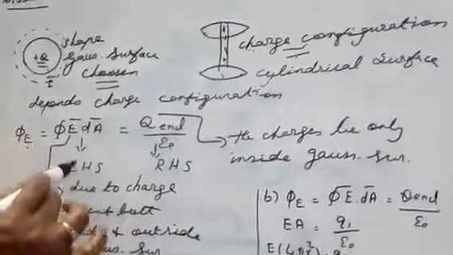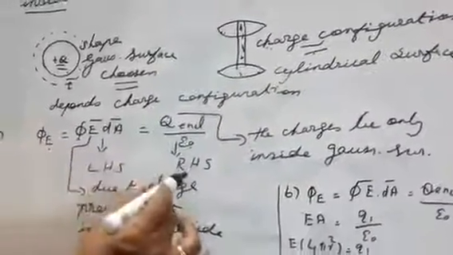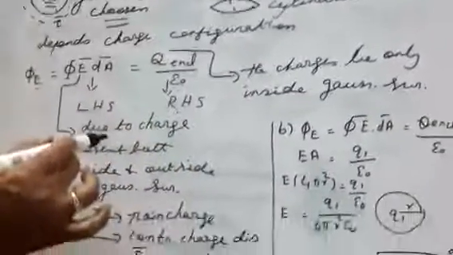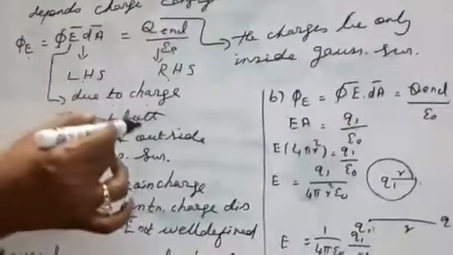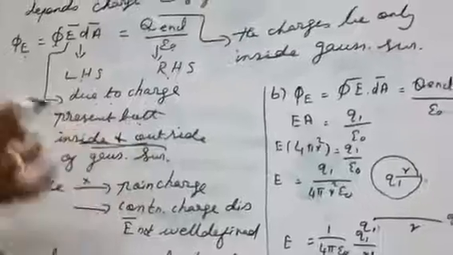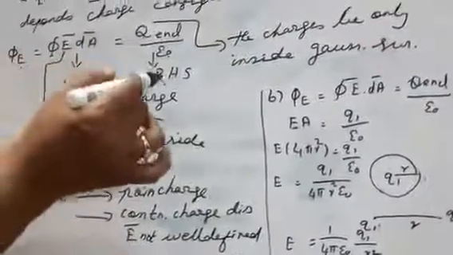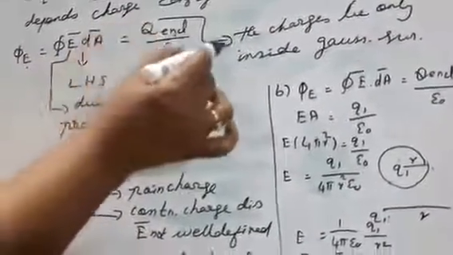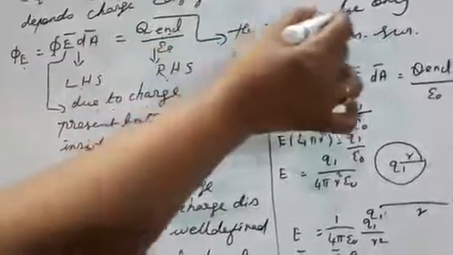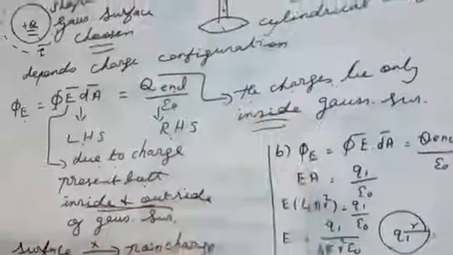Here this is the LHS side, this is the RHS side. On the LHS side, the E value is due to charges present both inside and outside of the Gaussian surface. But on the RHS, Q enclosed denotes the charges which lie only inside the Gaussian surface.